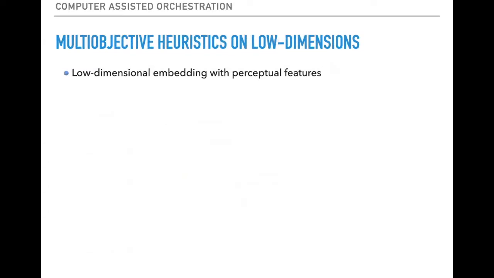So this is somehow the best way I can describe this for the moment. The idea that the people that researched this problem at the beginning had was somehow this. We embed the sounds in a low-dimensional space, using a few features that are meaningful for perception, for example, pitch, energy, or brightness, or bandwidth. And then what we use is a multi-objective optimization.